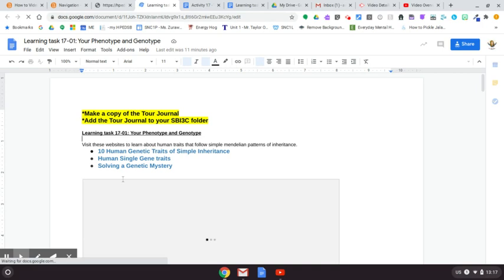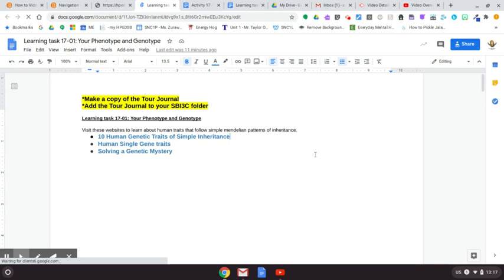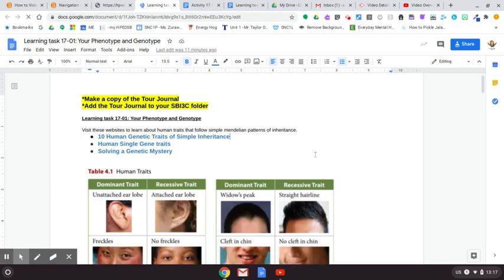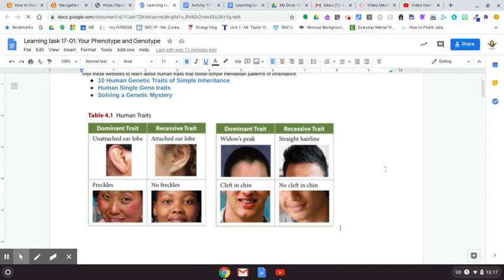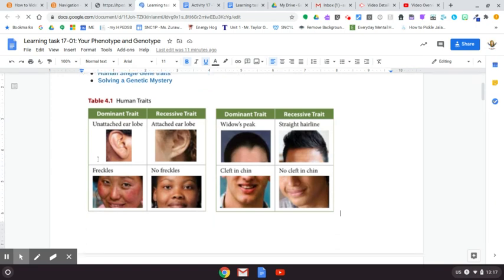These websites will give you more information about Mendelian patterns of inheritance. Some of the traits that I'm going to talk about are explained a little bit more here if you want to go back and get more information. But let's look at these human traits.